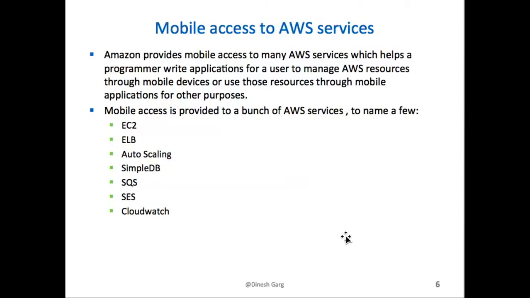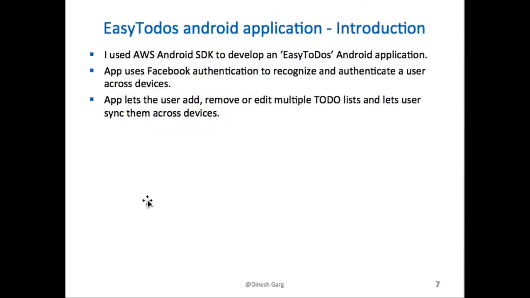If you think about it, it lets a developer build AWS admin-specific applications where they can call the services from the mobile, and lets the AWS admin do different kinds of things using the mobile applications. Alright, so that's in general what the AWS Android SDK is about.